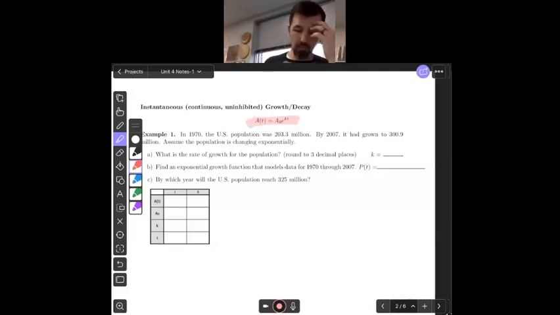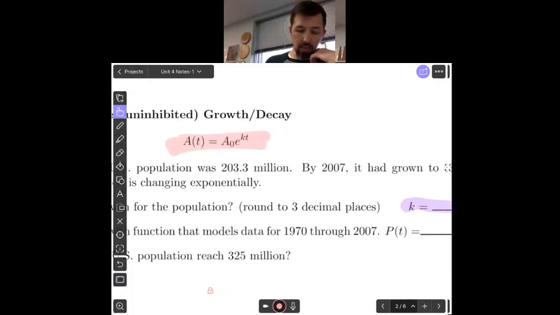The first thing they want us to figure out is the growth rate of the population, K. So if we go up and look at the formula, where's K here? There's K. If our job is to find K, that means it can be the only thing we don't know.